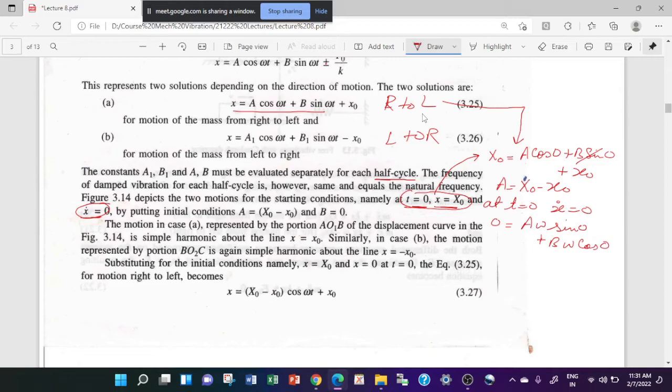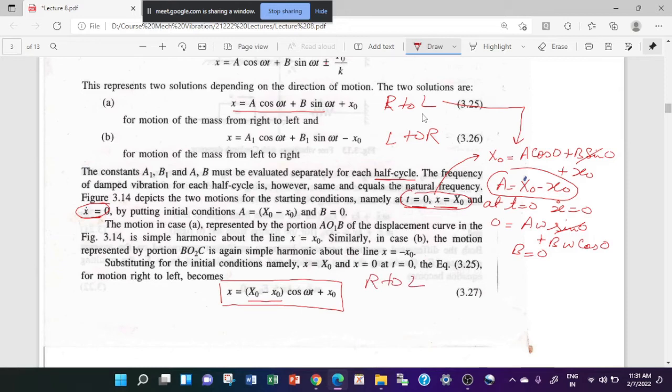It means this is 0 here, it becomes b is equal to 0. So if I put the value of a in this equation, it becomes x = (X naught minus small x naught) cos omega t plus small x naught. This is the displacement of the mass from right to left.